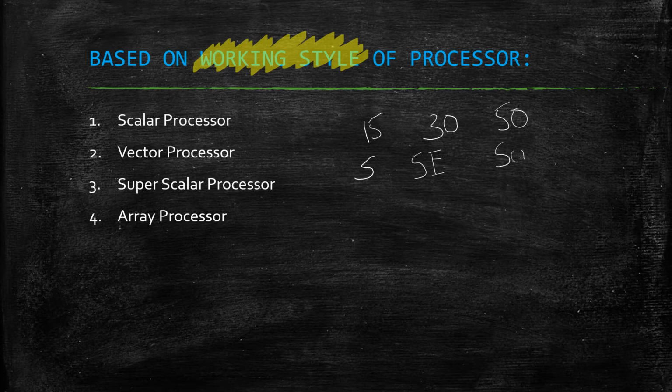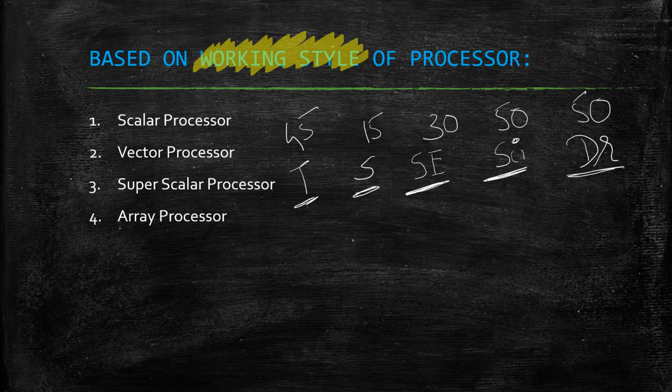And one more person, let's say also 50, is a doctor. One more, let's say 45 years old, is a teacher. So one is a teacher, one is a student, one is a software engineer, one is a scientist, and one is a doctor.